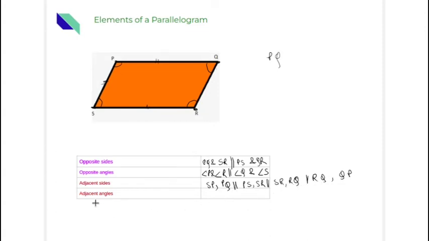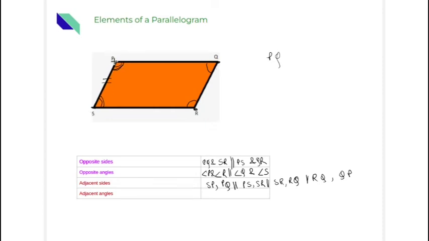Now, what is the meaning of adjacent angles? If we consider angle P, angle S is adjacent with angle P. Why? Because they have a common side, PS.